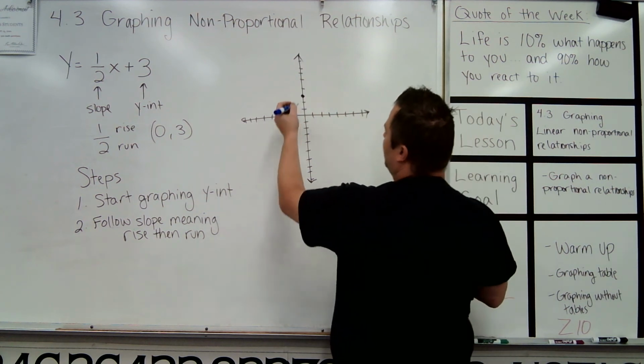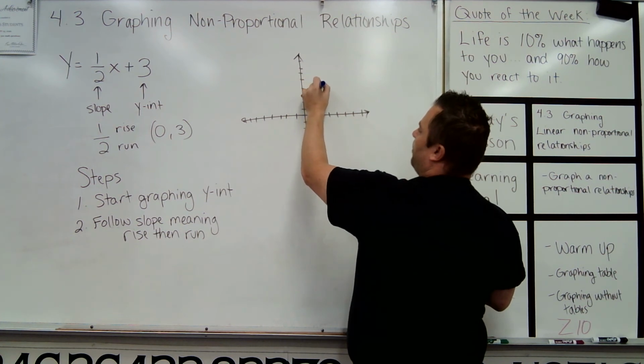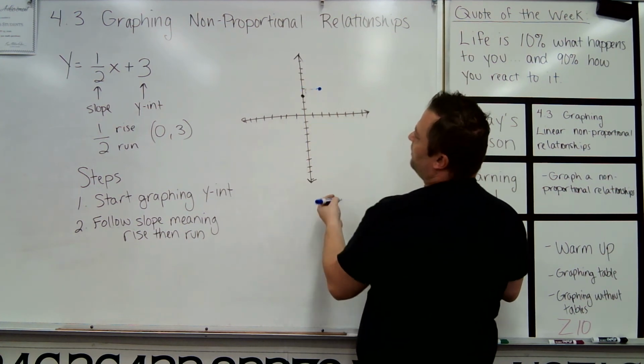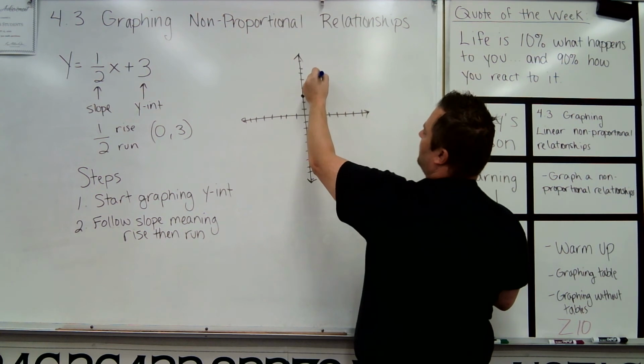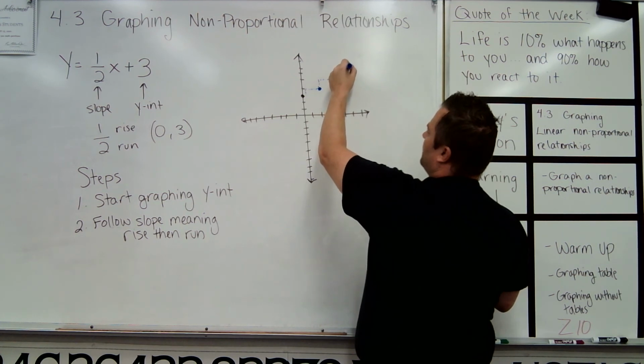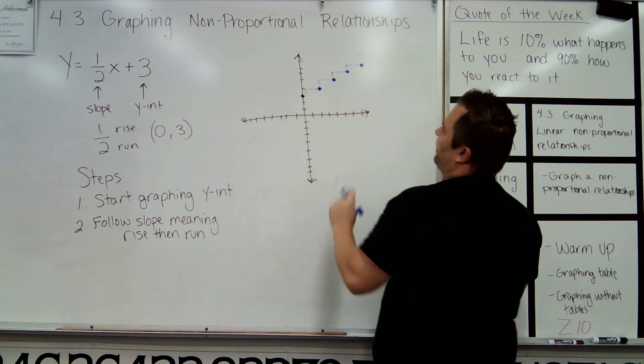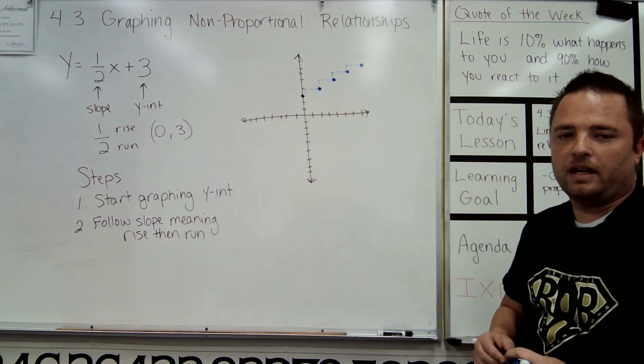I can start at the y-intercept and then rise 1 and then run 2. Wherever I stop is another location of a point. Rise 1, run 2. There's another point. Rise 1, run 2. There's another point. You'll notice it starts to make a line.